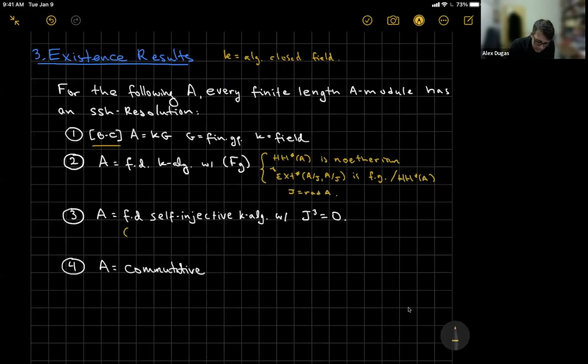And so this is the second class of algebras where everything has an SSH resolution. So we show that the FG condition is not necessary. And then finally, the last class is any commutative ring at all.